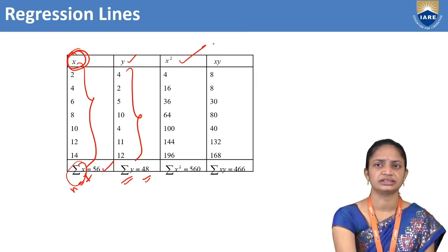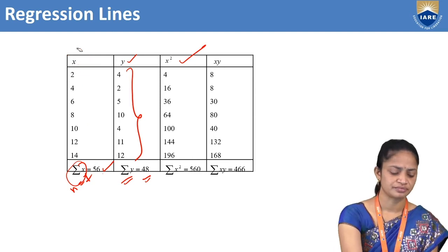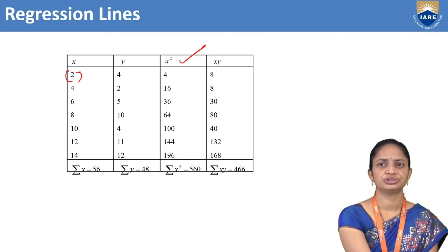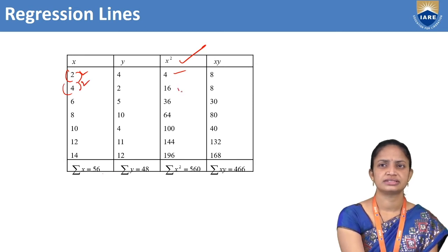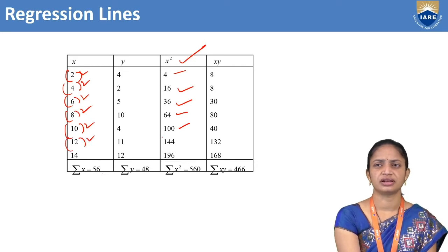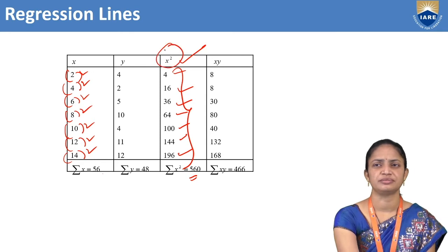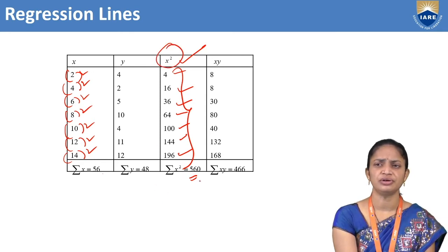First I am finding x square: 2 square is 4, 4 square is 16, 6 square is 36, 8 square is 64, 10 square is 100, 12 square is 144, 14 square is 196. Adding all these values, 4 plus 16 plus 36 plus 64 plus 100 plus 144 plus 196, we get 560. So summation x square equal to 560.